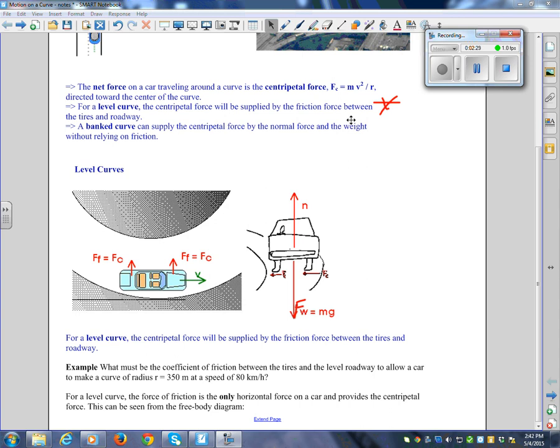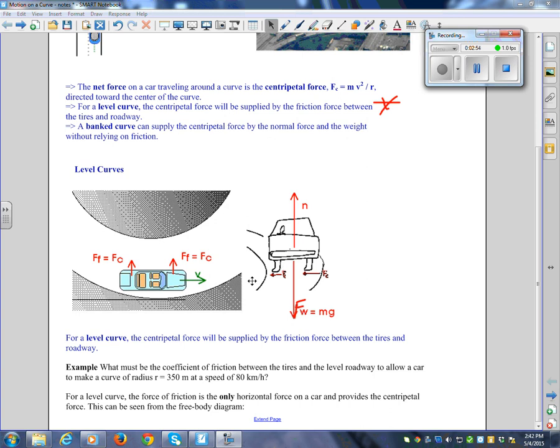You'll see guys when they're driving a truck, what do they throw in the back in the winter? Tires, snowmobile, concrete blocks, something for more weight. How come? Sandbags to increase friction. Okay? All right. So for a level curve, the centripetal force will be supplied by friction between the tires and the roadway, as indicated up here as well.